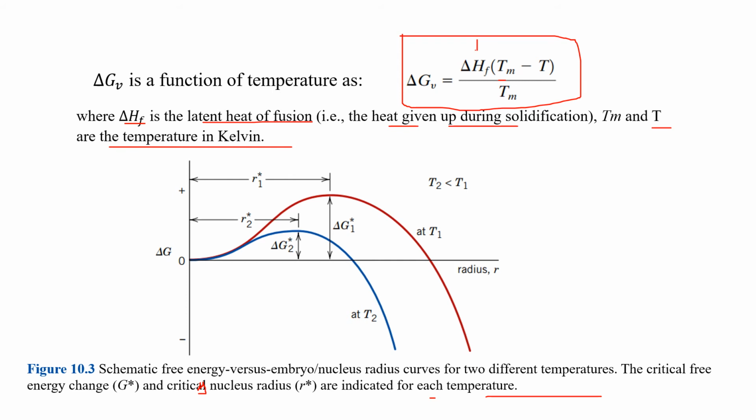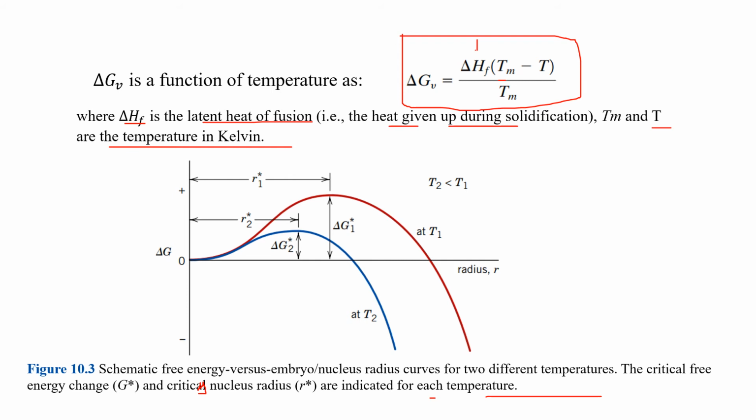If we look at the temperature ranges, T2 is less than T1. The blue curve is the plot for the temperature T2, which is less than T1.